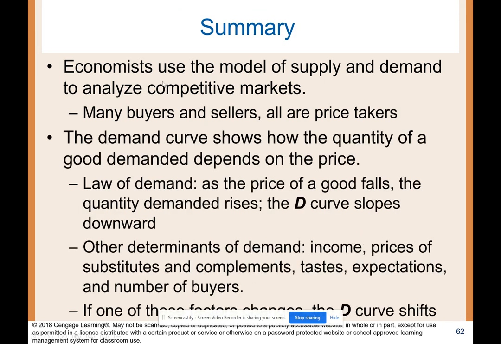Summary. Economists use the model of supply and demand to analyze competitive markets. Many buyers and sellers are price takers. The demand curve shows how the quantity of a good demanded depends on the price. The law of demand is: as the price of a good falls, the quantity demanded rises. The demand curve slopes downwards.